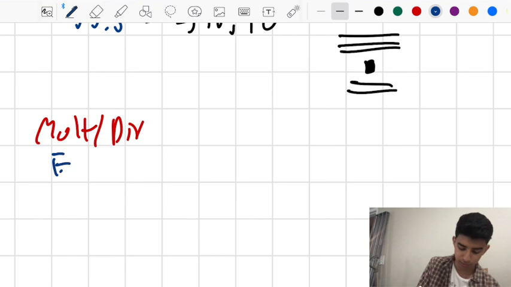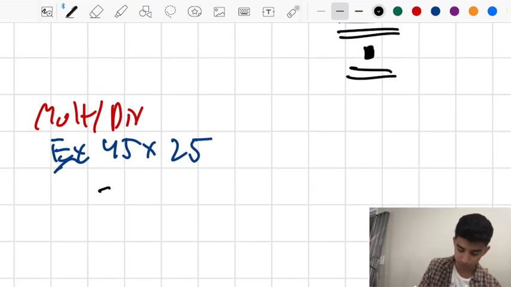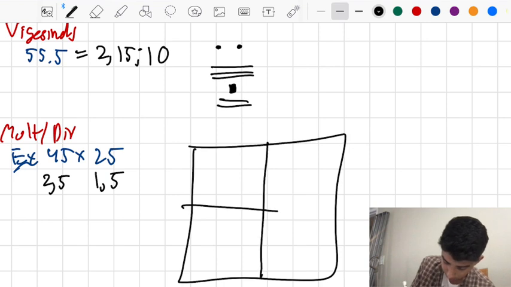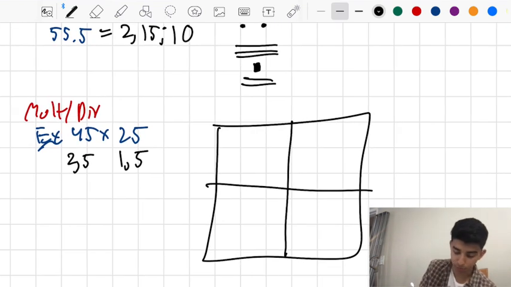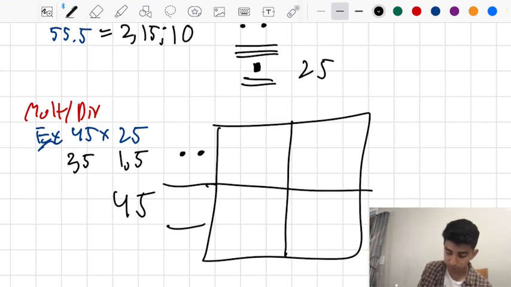So what I mean by this is, if we just take an example of 45 times 25, which can be rewritten as 2, 5 and 1, 5, we would use a square grid where on the left side we will have one number. So let's say we have 45 on the left side and 25 on top. So we are going to have 2 dots here and a bar in the ones place. And again, just written as how it would be regularly.